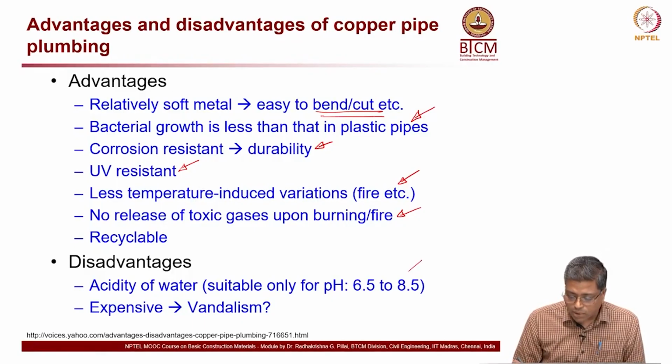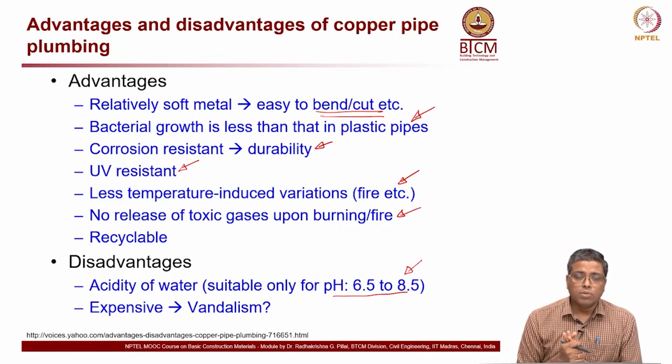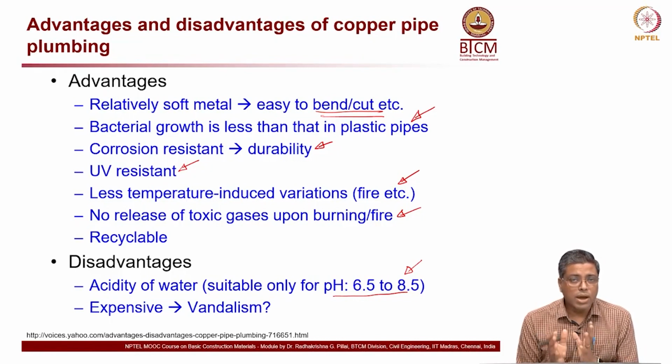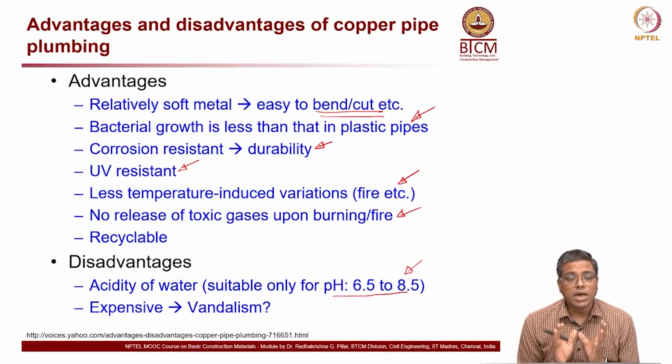Now, one disadvantage of copper pipe is associated with the pH. In most of our cities, I have seen places where the pH value of the water is less than 6.5. If that is the condition, copper pipe may not be a good option. You have to see what type of solution or water is going through the copper pipe, or where it is being placed.